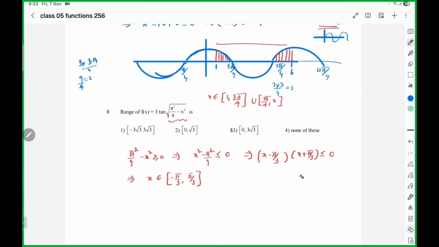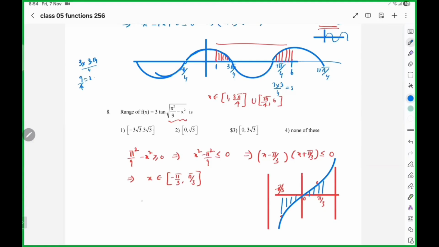Tan graph in minus pi by 3 to pi by 3. Tan 0 is 0. Tan pi by 3 will be root 3. Tan minus pi by 3 will be minus root 3. So here the tan function is increasing in the interval minus pi by 3 to pi by 3.